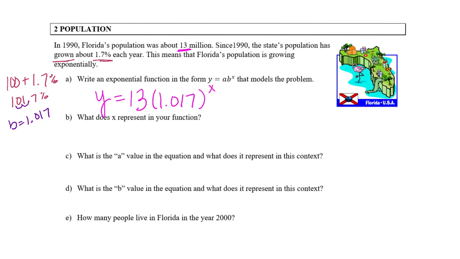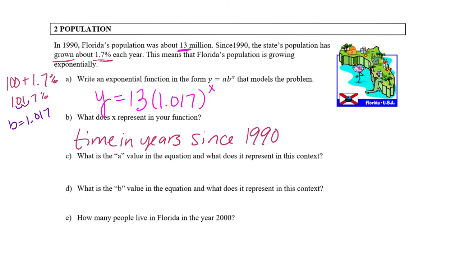So x is time in years since 1990. And this is the big part here. The reason it's since 1990 is because that 13 million was the population in 1990, because Florida's population was different in 1980 or 2000. So that was the time since 1990.